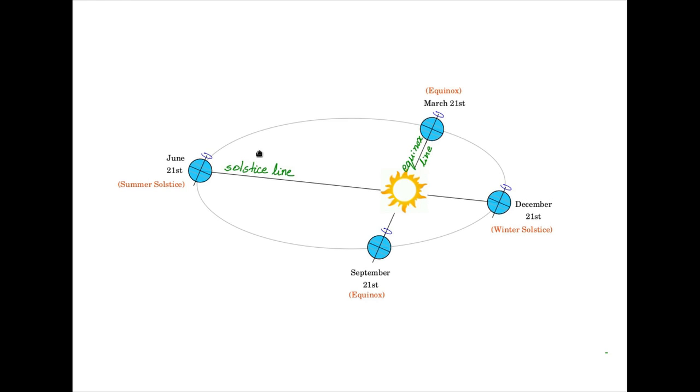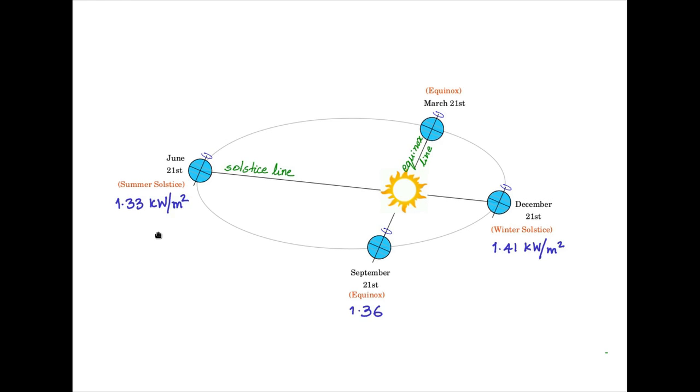I had mentioned that the extraterrestrial solar insolation is fairly constant. It varies between 1.33 to 1.41 kilowatt per meter square. So typically for these positions of the Earth along the elliptic orbit, the following insolation data values are available. At the winter solstice point, it is 1.41 kilowatt per meter square. And at the summer solstice point, it is 1.33 kilowatt per meter square.